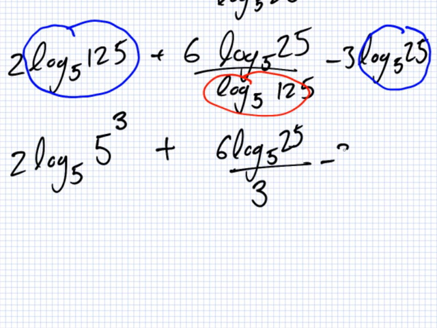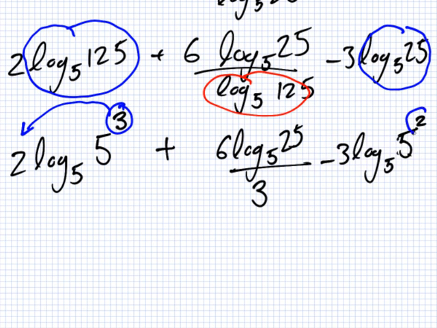And here this will be 3 log 5 of 25. Now I can bring this 3 down in the front, and here I should change this maybe into 5 squared, and I can bring this 2 down in the front as well.